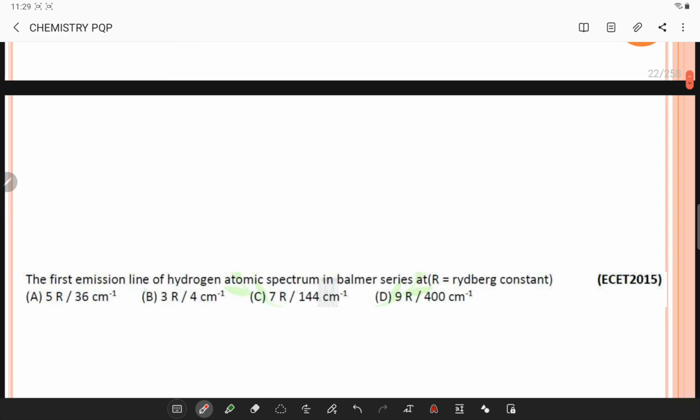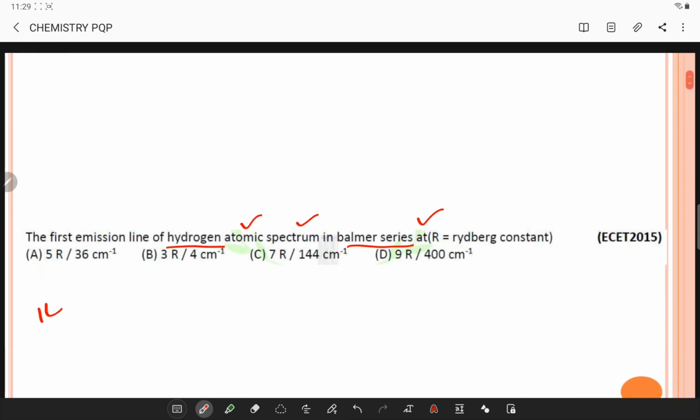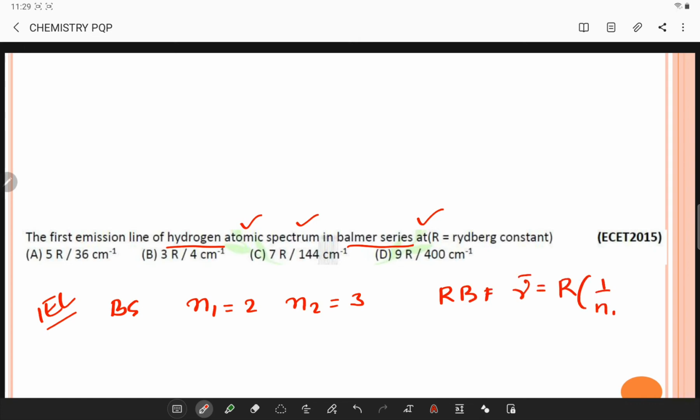So the first emission line of hydrogen atomic spectrum in Balmer series is given by the first emission line in Balmer series for N1 is equal to 2 and N2 is equal to 3 is given by Rydberg's formula, which is R into 1 by N1 square minus 1 by N2 square.